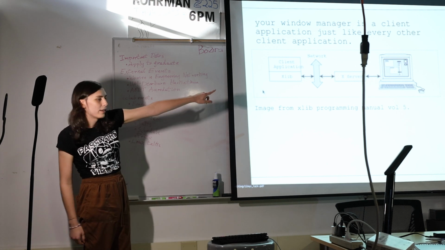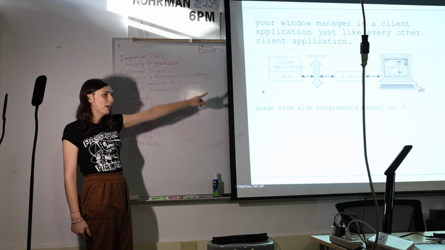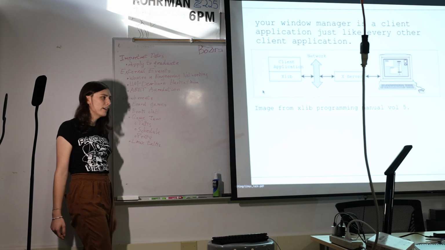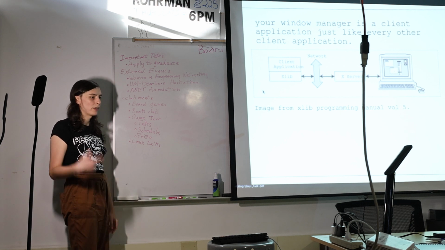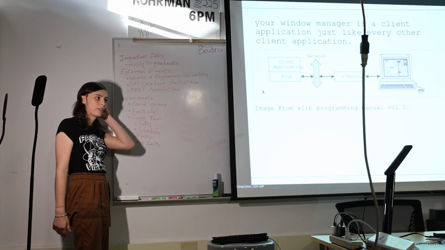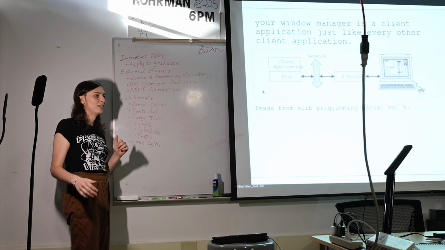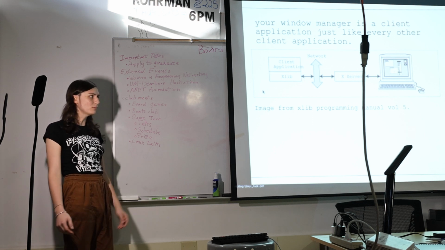So that's why it's on the monitor side, and then it speaks to the client application. And in X terminology, a client is any program that's being run. So like your terminal, the window manager itself, any program is a client. So the client is not like the client of the computer, which is why it's kind of confusing.